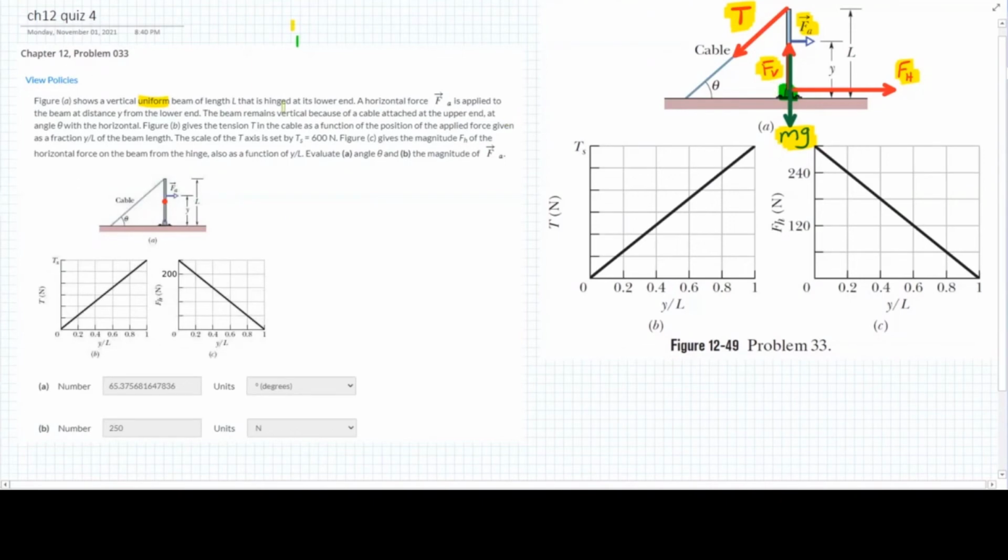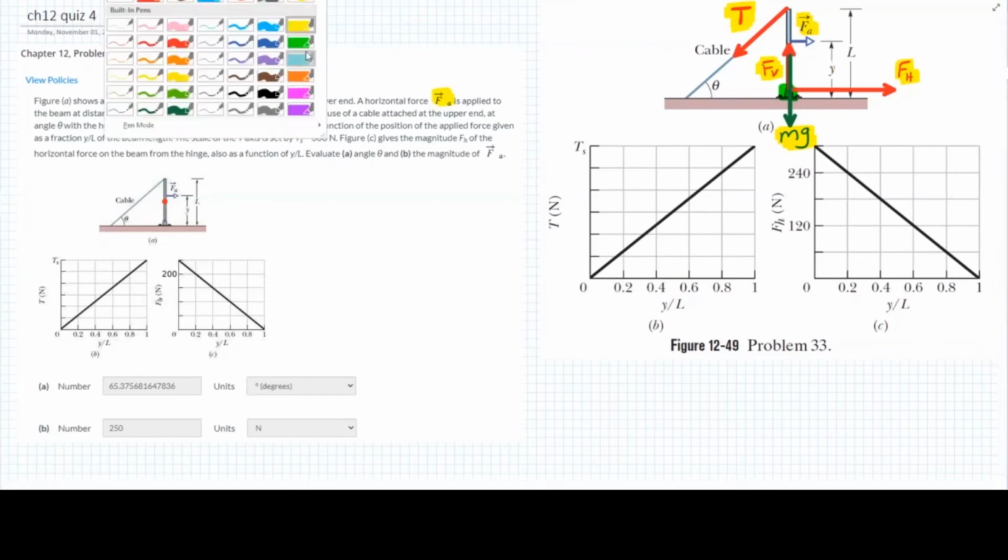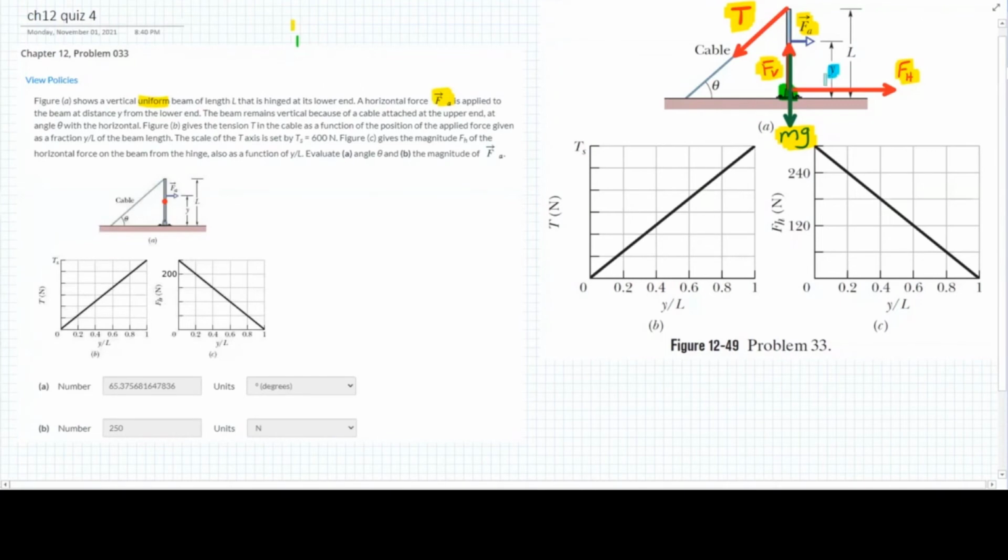And now we have to read the problem. This external force is applied at the beam at distance y. Right, so it's applied at a distance y. And apparently this is a movable force. According to the graph, this force can be applied anywhere, but it is a horizontal force, which I'm assuming is not a variable force.